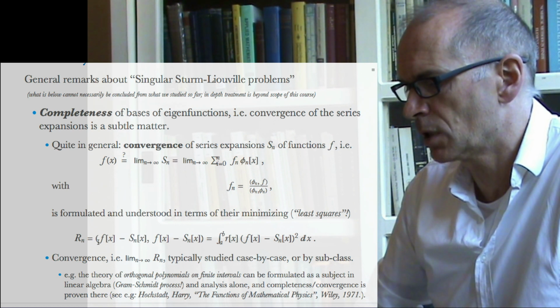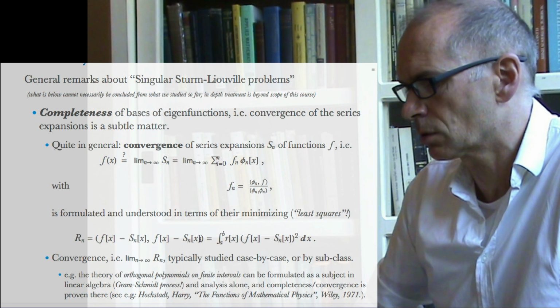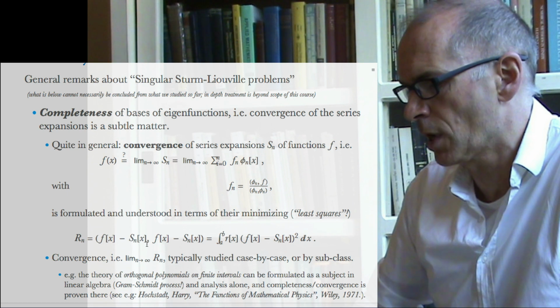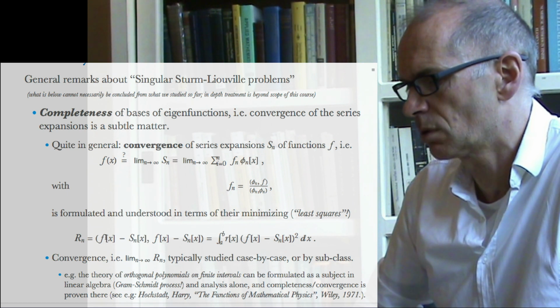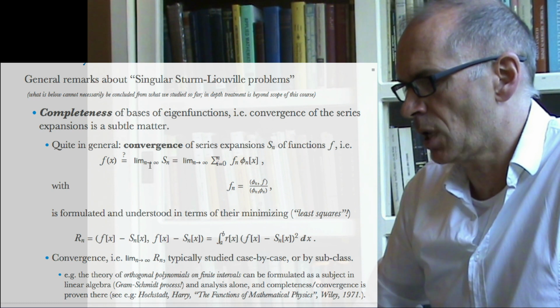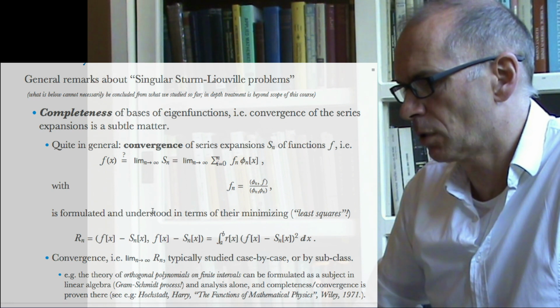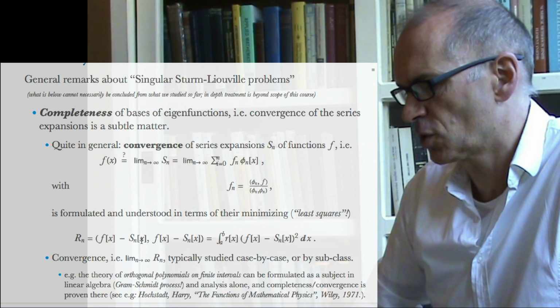And again, I have here the inner product notation. I have the inner product, open bracket, close bracket, comma. And this is just the inner product of the difference of this function f with these partial sums s.